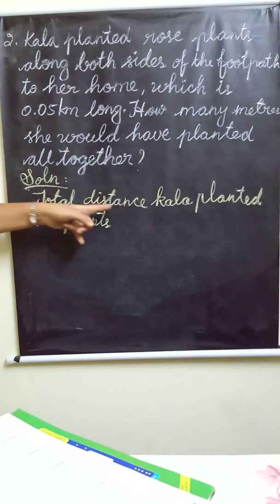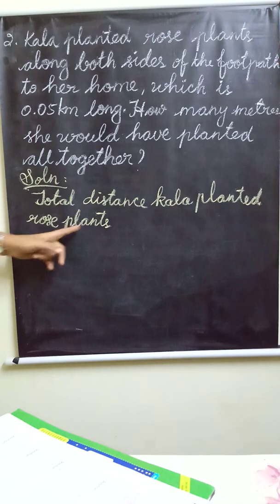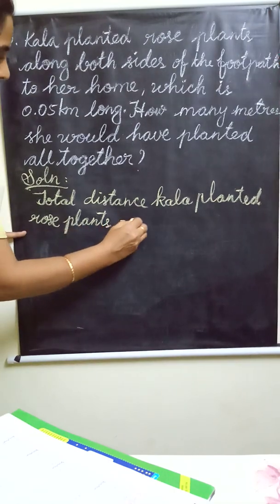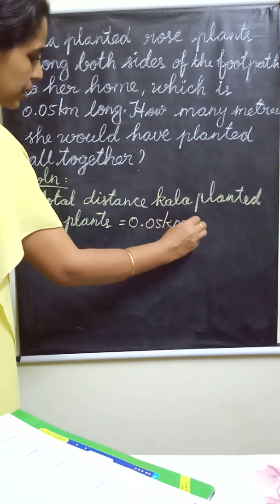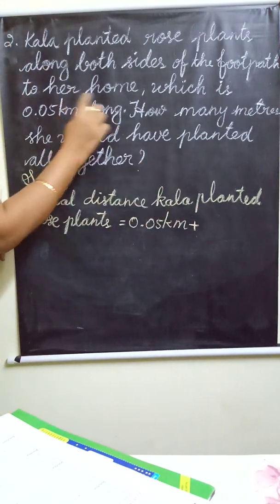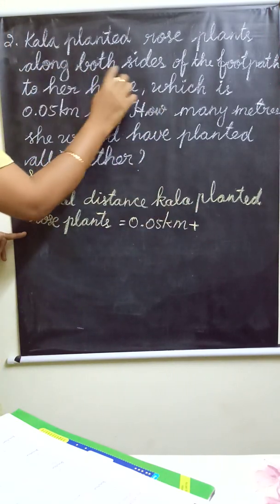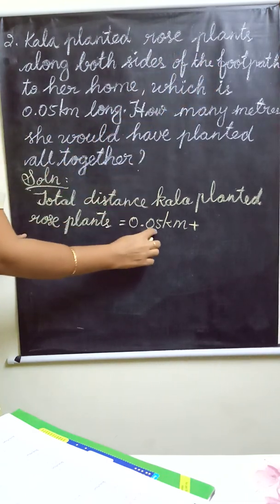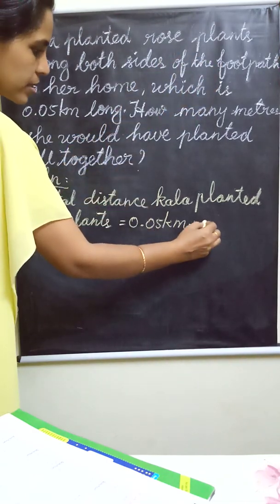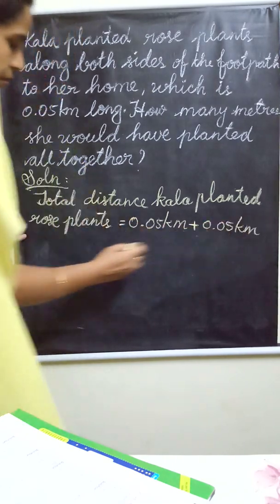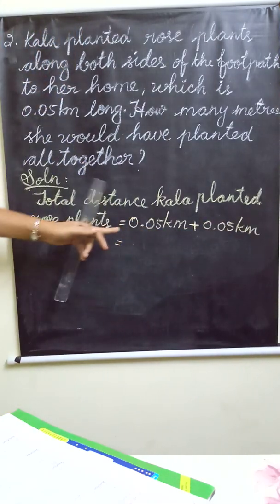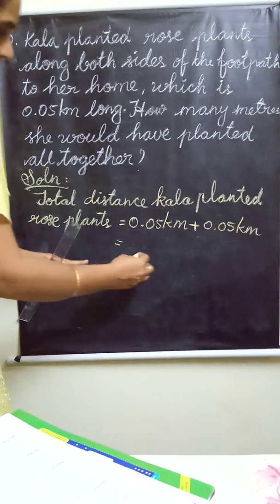Listen here, total distance Kala planted rose plants is equal to 0.05 kilometer plus 0.05 kilometer, along both sides of the footpath. We have to add these two numbers.